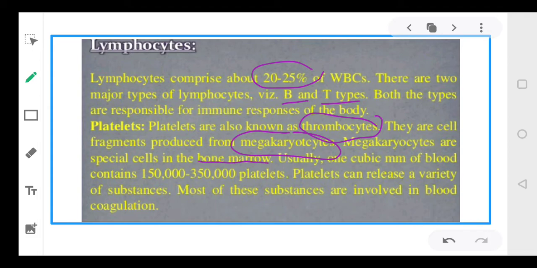There are approximately 1,50,000, you can say 50,000 to 3,50,000, platelets per cubic millimeter of blood.